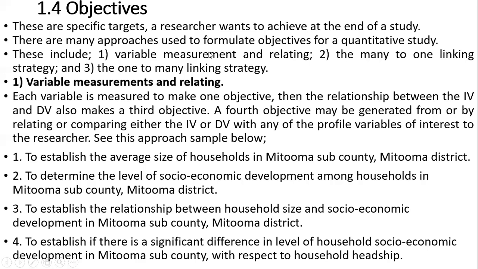So I'll finally go to the objectives of the study. We have seen that the purpose is the general target, the overall target. Therefore, the objectives are the specific targets. When you break down the purpose into specific targets, then you get the specific objectives. Because we said that the purpose leads you to the general conclusion, the objectives guide that general conclusion.